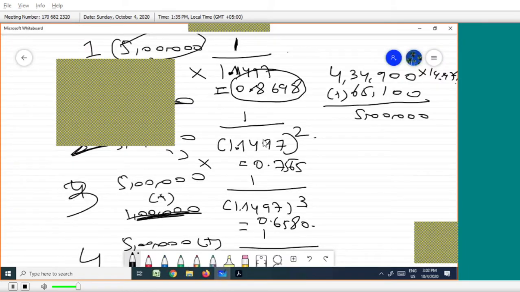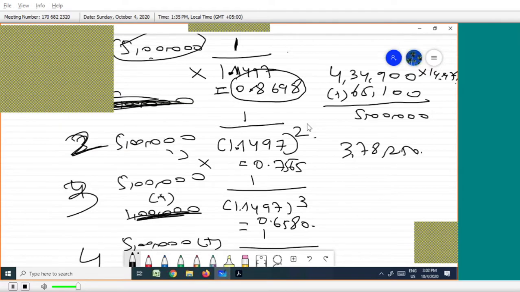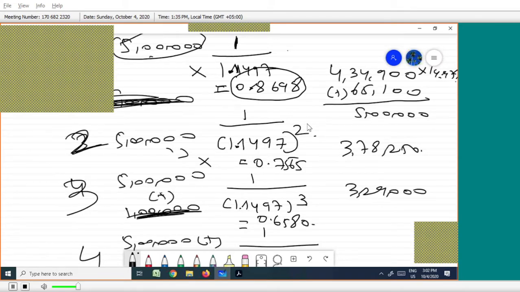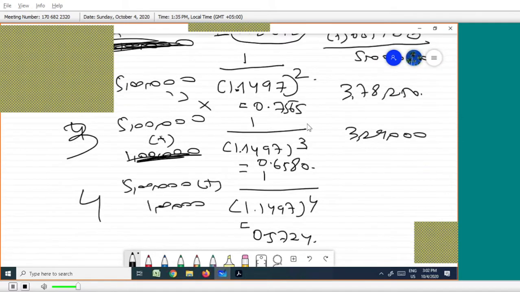Then the second year, 3 lakh 29,000. Then 3,43,440. Why? Because 5 lakh plus 1 lakh, 6 lakh into 0.5724.